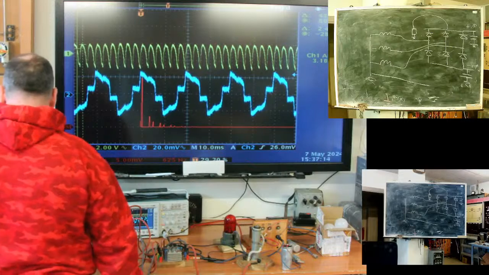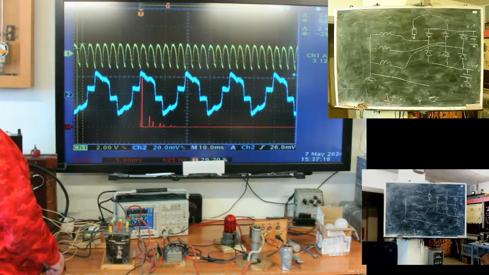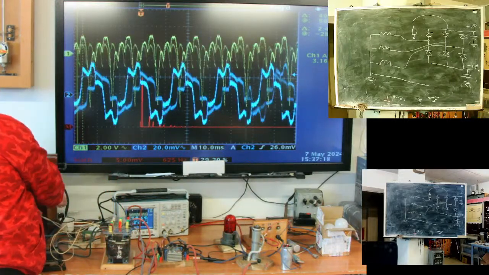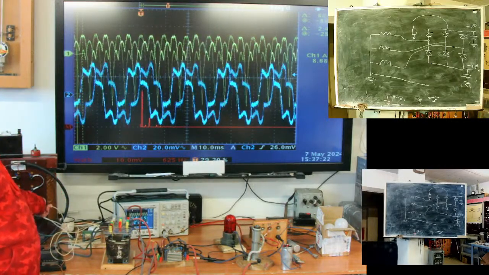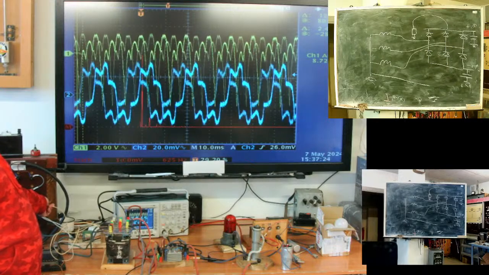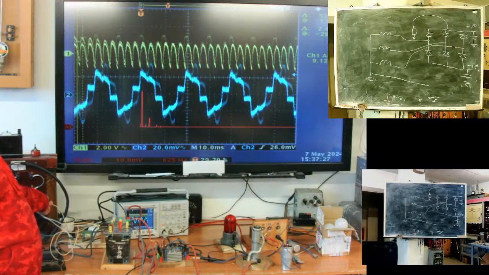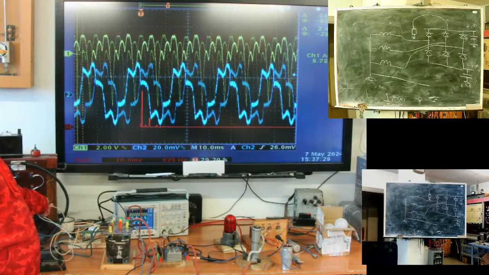A little trick, the effect of one phase disconnect. I'm disconnecting phase C. See what happens with the output voltage.